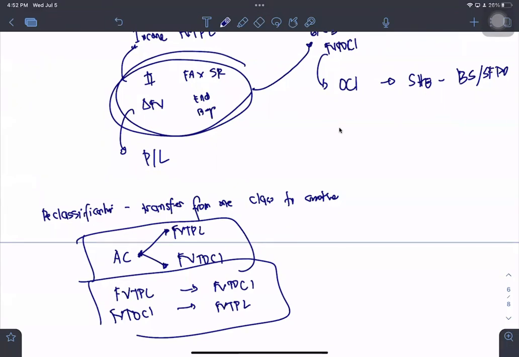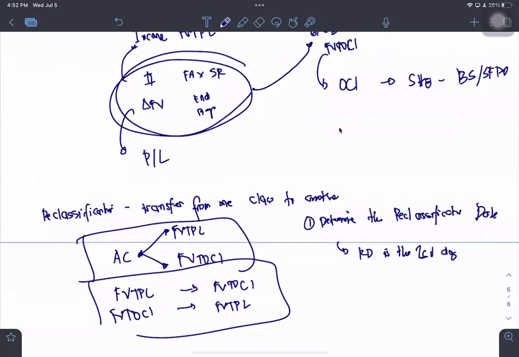And just take note of this reclassification. In reclassification, first you need to determine the reclassification date. And what is the reclassification date? The reclassification date is the first day of the next accounting period.